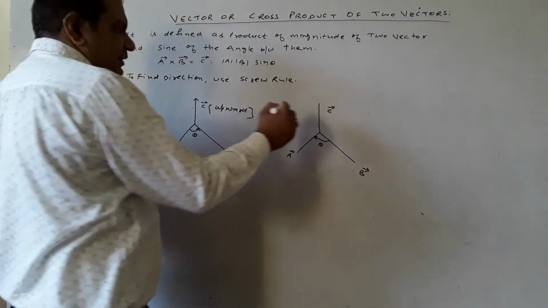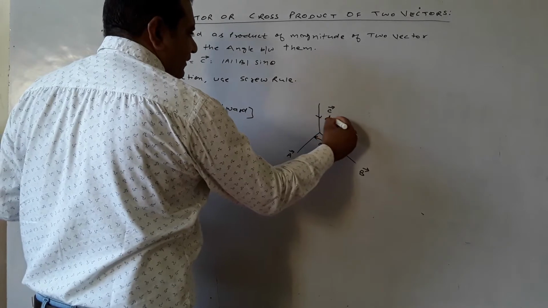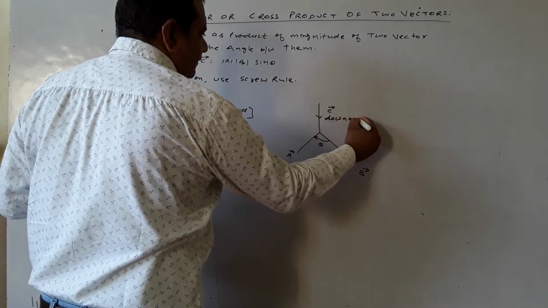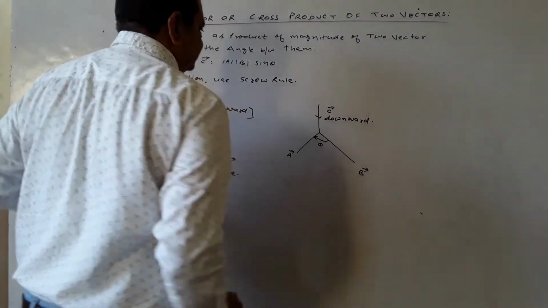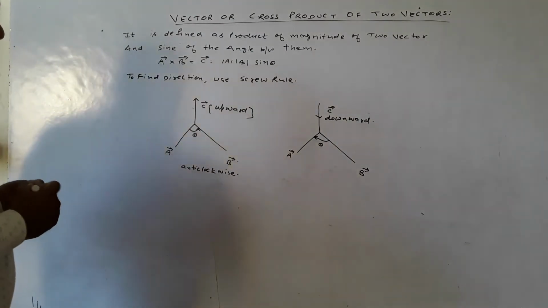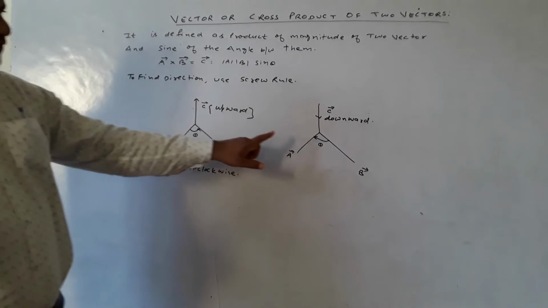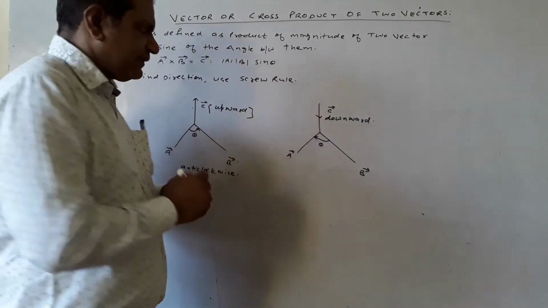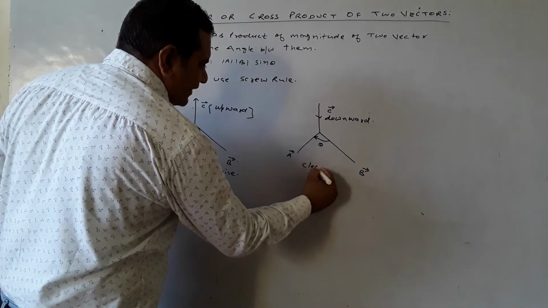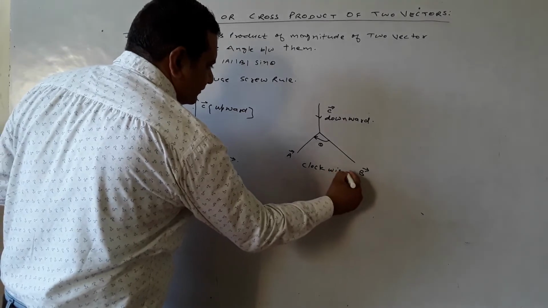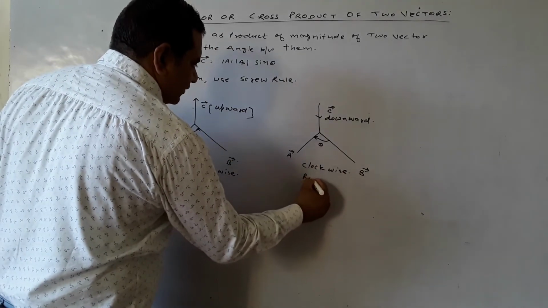So the direction of the resultant will be downward. For anti-clockwise, the direction is upward. For clockwise, the direction is downward. This is the direction of rotation.